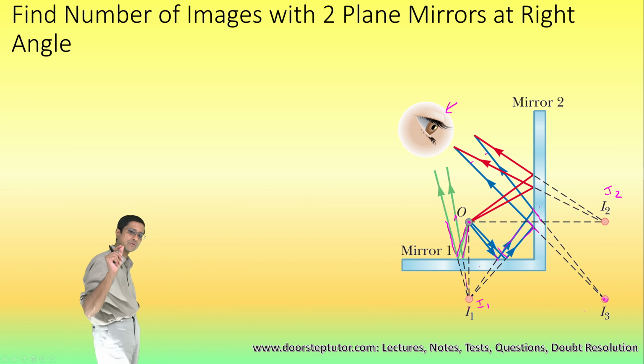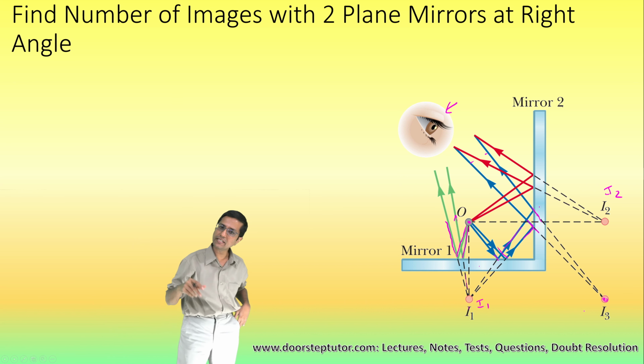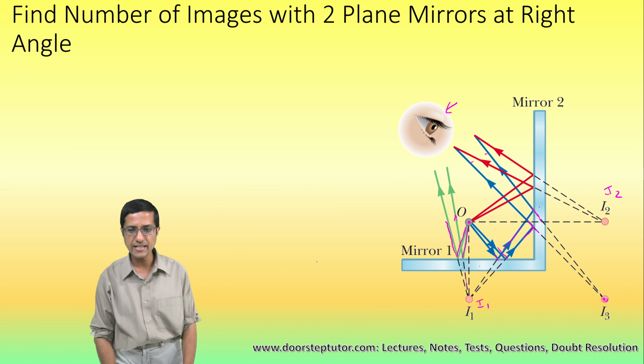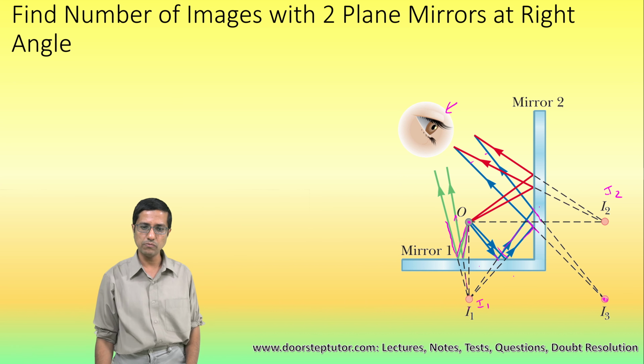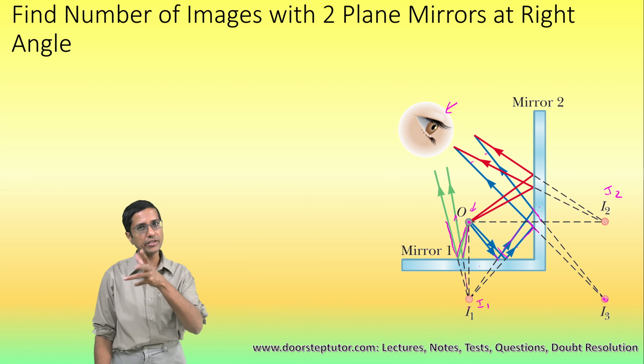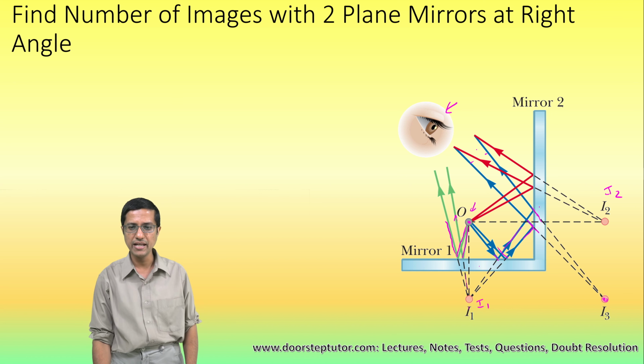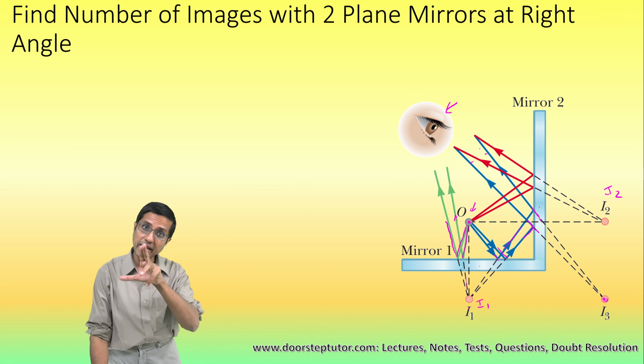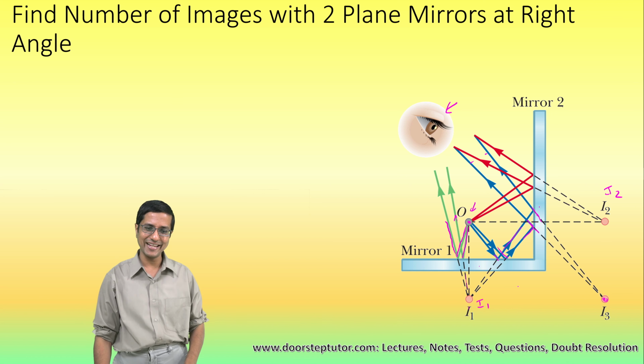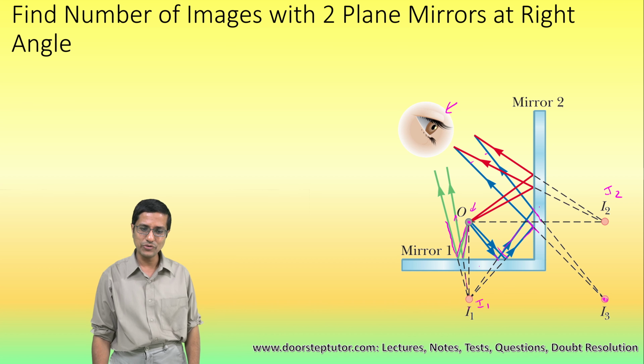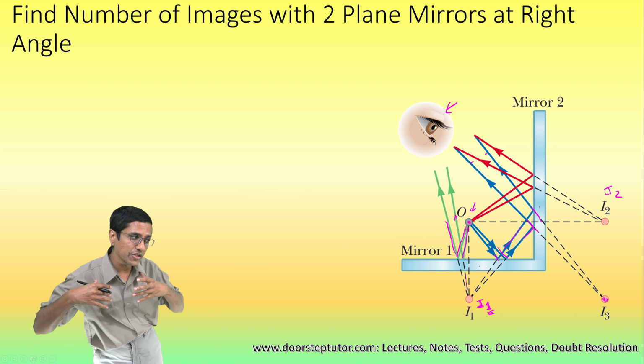Now there are two ways to look at this. The first way is this one only, that the rays emanating from object O are striking first mirror 1, then mirror 2. Another way to look at the same thing, and a more interesting way, is to see that this image I1 is behaving as an object itself.